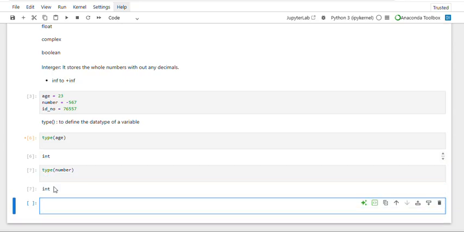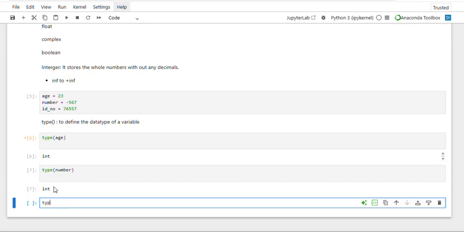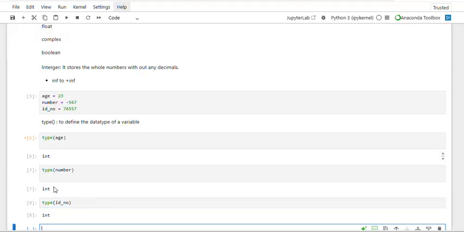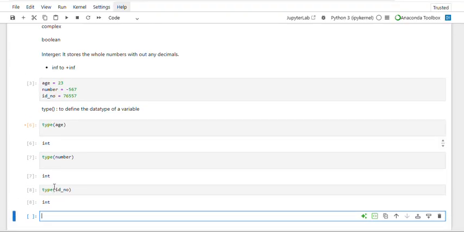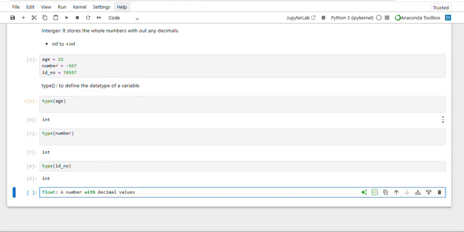You can see type of id number. So all these come under integers. Integers are the numbers without any decimal values, and they contain only whole numbers. That is itself an integer.